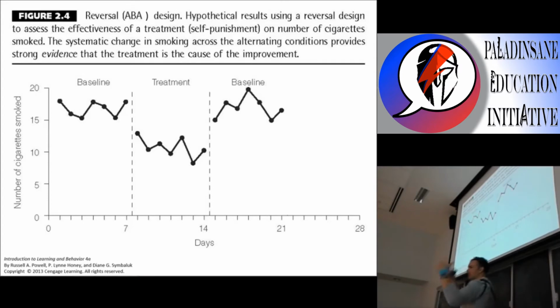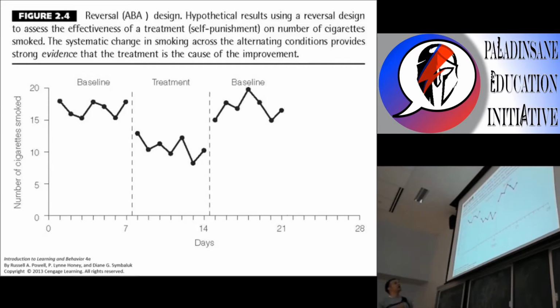So it's basically just heaping coincidence on top of coincidence to the point where it becomes so unlikely that anything else is continually coinciding with these on-again, off-again treatment phases that it has to be the treatment that is causing that change in behavior.